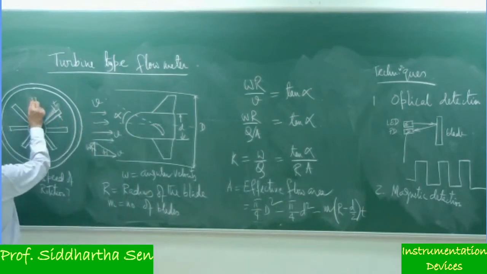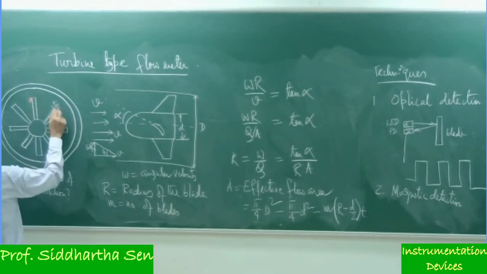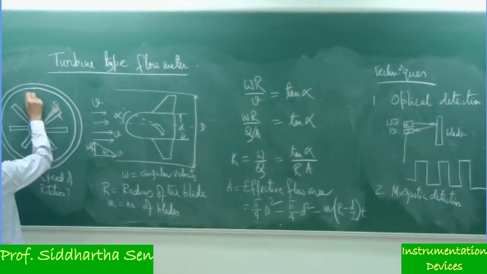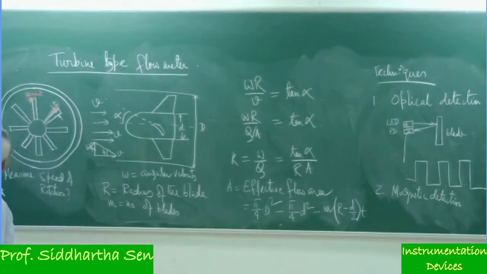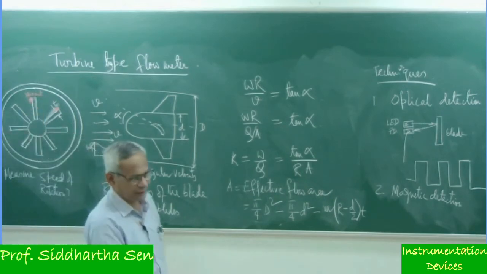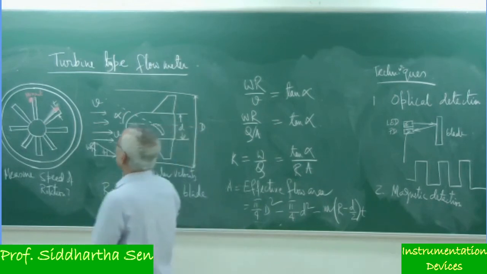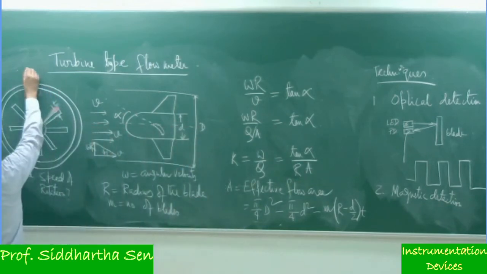I put a small magnet, maybe the North Pole is here and the South Pole is here, or we just put it like this here. And we use some sort of search coil.